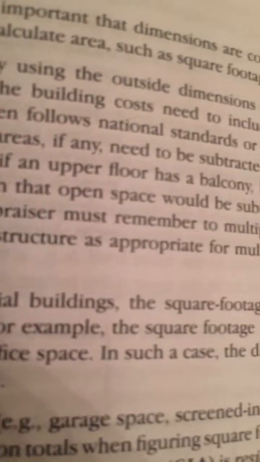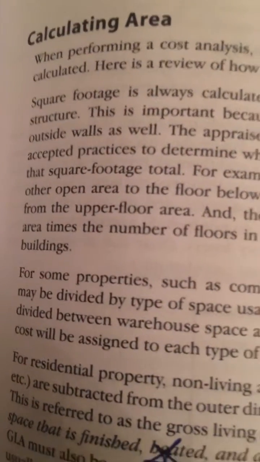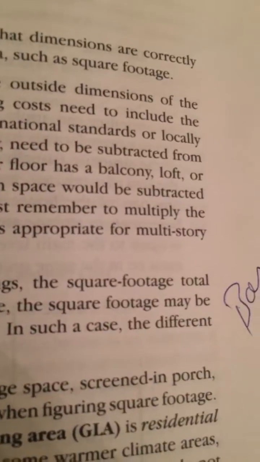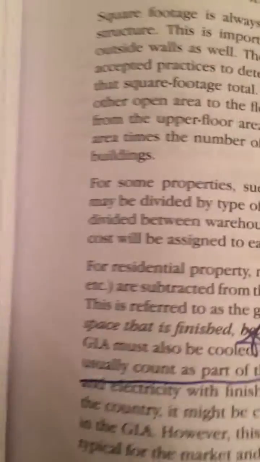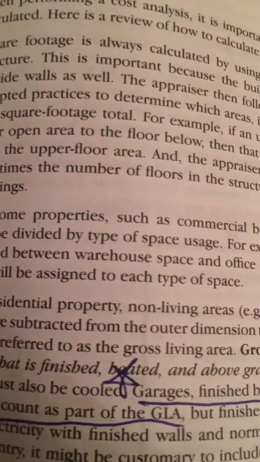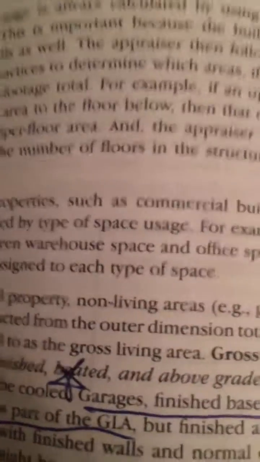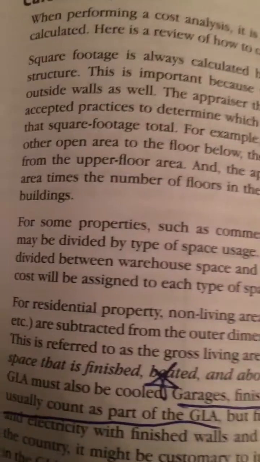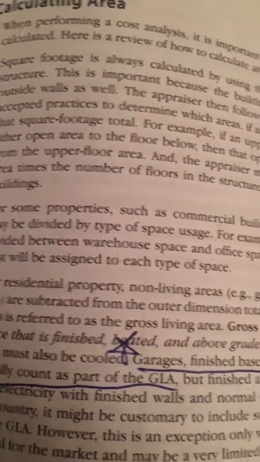And the appraiser must remember to multiply the area times the number of floors in the structure as appropriate for multi-story buildings. For some properties, such as commercial buildings, the square footage total may be divided by the type of space usage. For example, the square footage may be divided between warehouse space and office space.